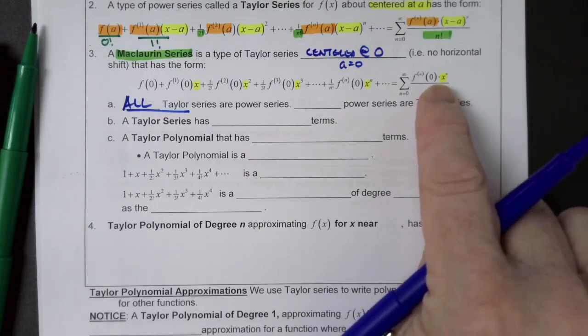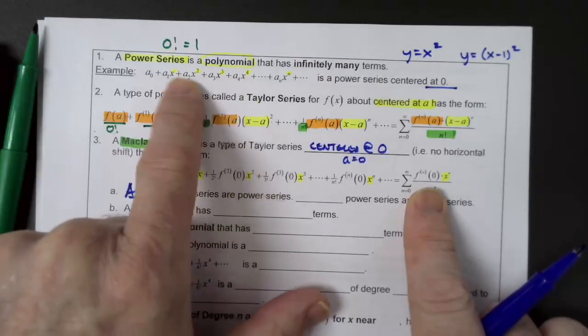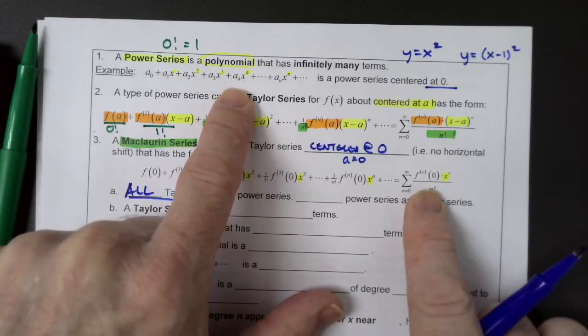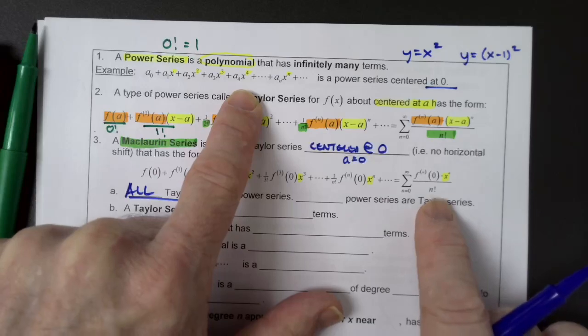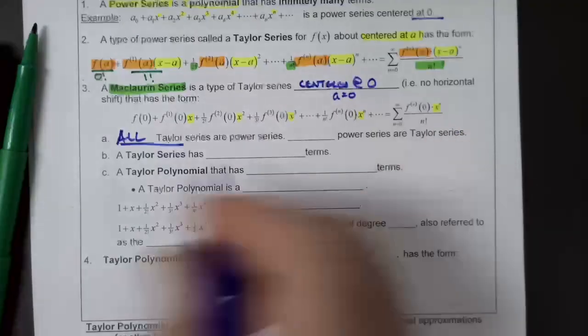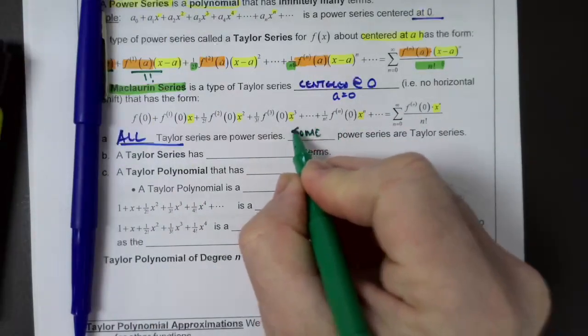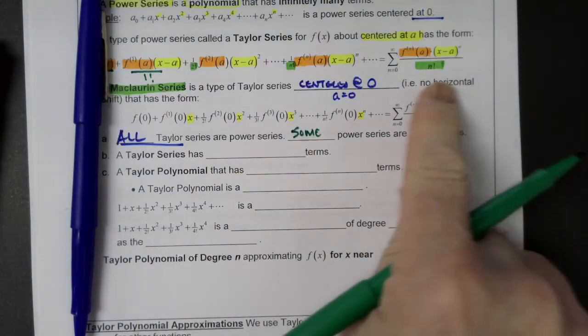Okay? But this is a unique type because notice up here, these may or may not have this derivative thing in here. They may or may not have the n factorial in the denominator. So some of the power series will be Taylor series. That's only if they follow this pattern.